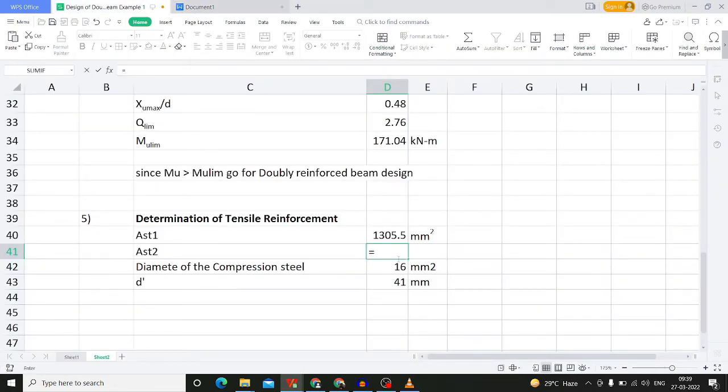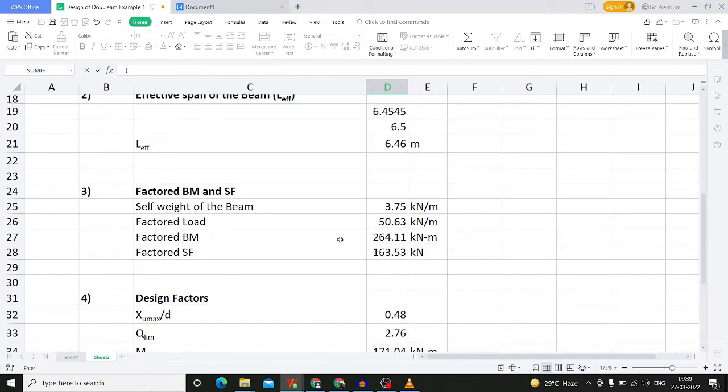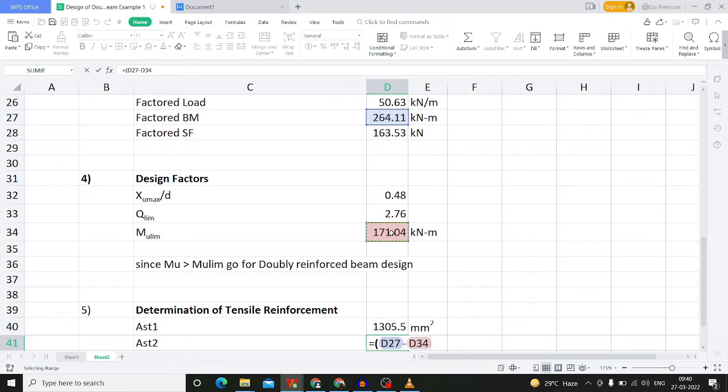Again it has to be converted into Newton mm, so the whole thing has to be multiplied by 10 to the power 6.